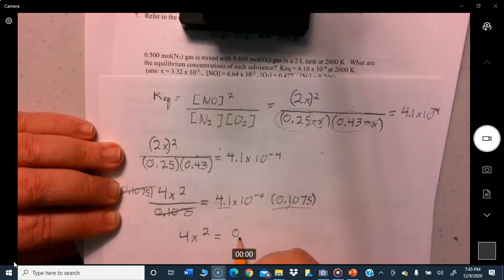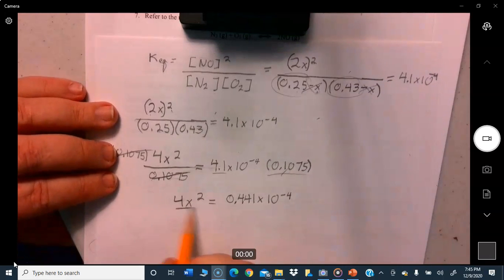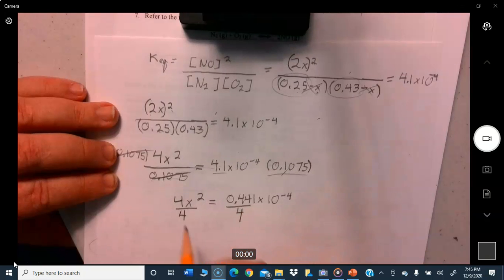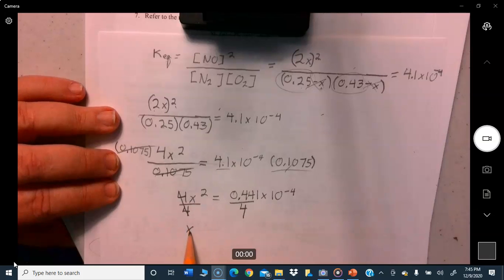And that gives us this. Now we're going to divide both sides by 4. It's all just math at this point, which for some of you might be the toughest part. So we have x squared, and this divided by 4.